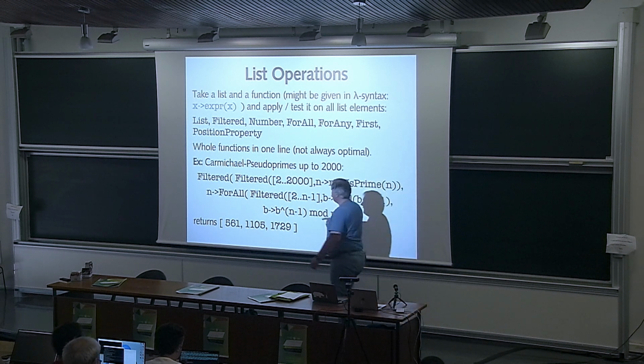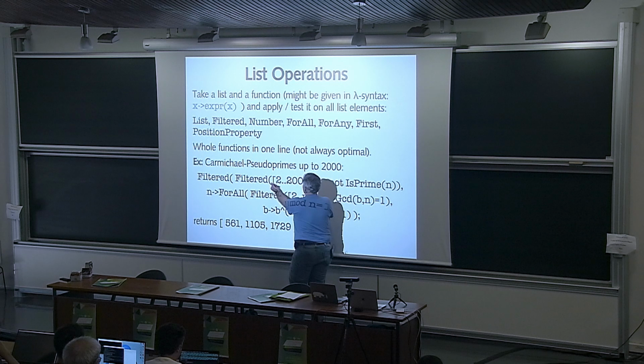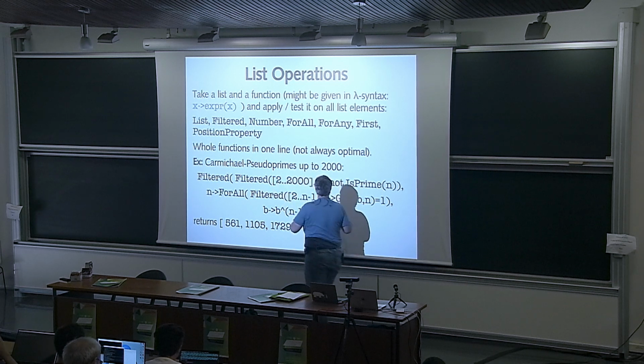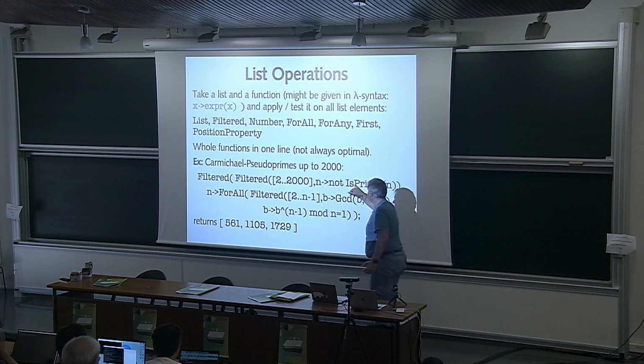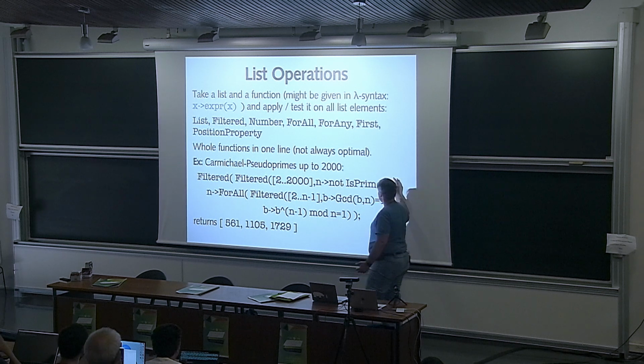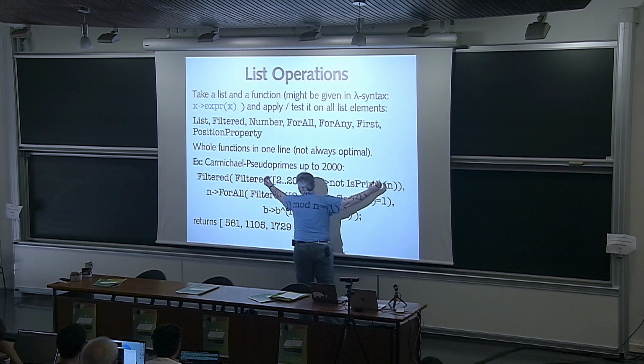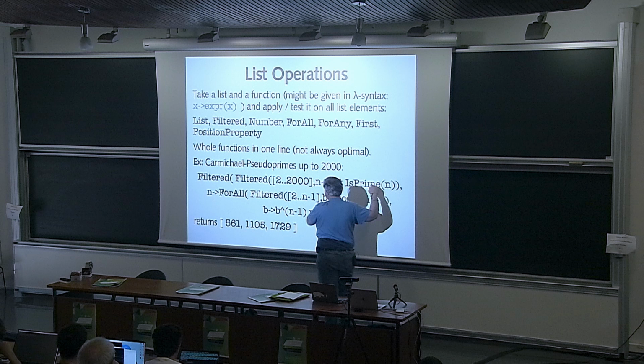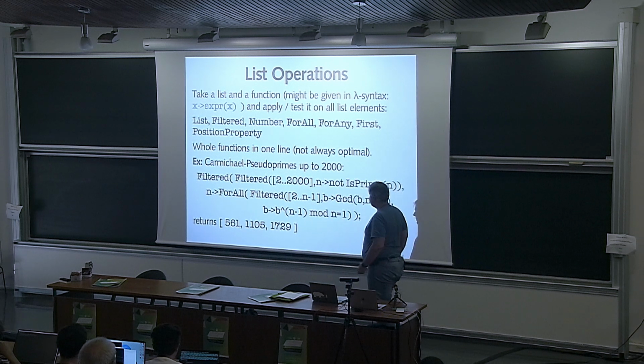So I'm selecting with filtered from the numbers 2 to 2000 those which are not prime. That is this filtered command. Now this would give me a list of the numbers there which are not prime.